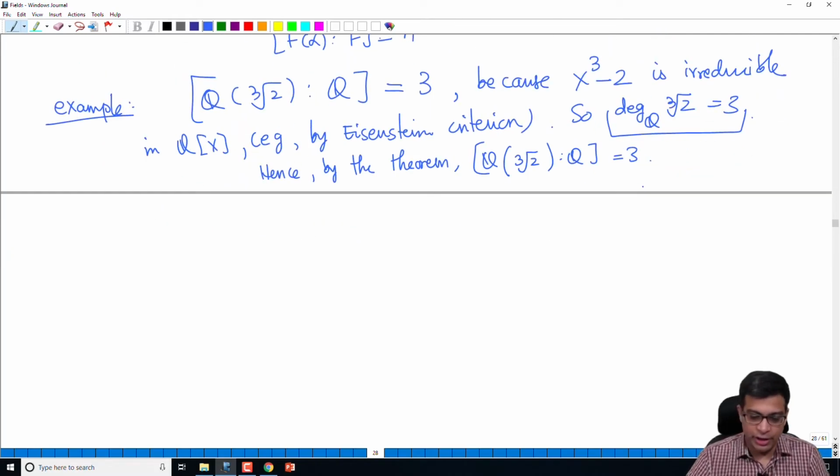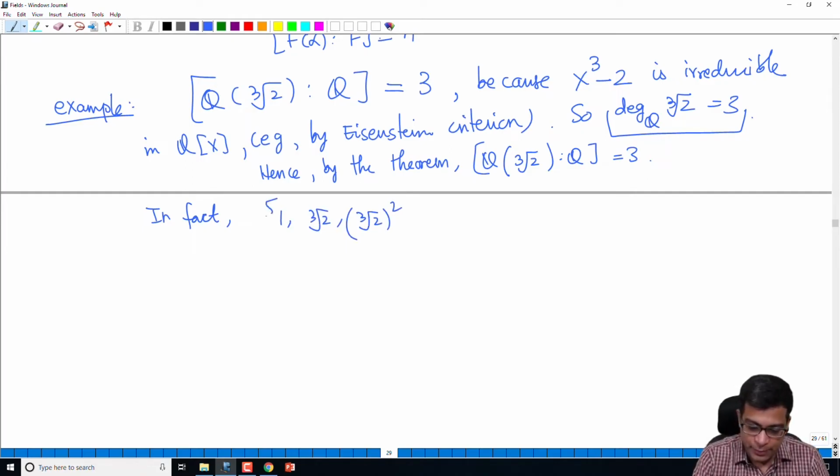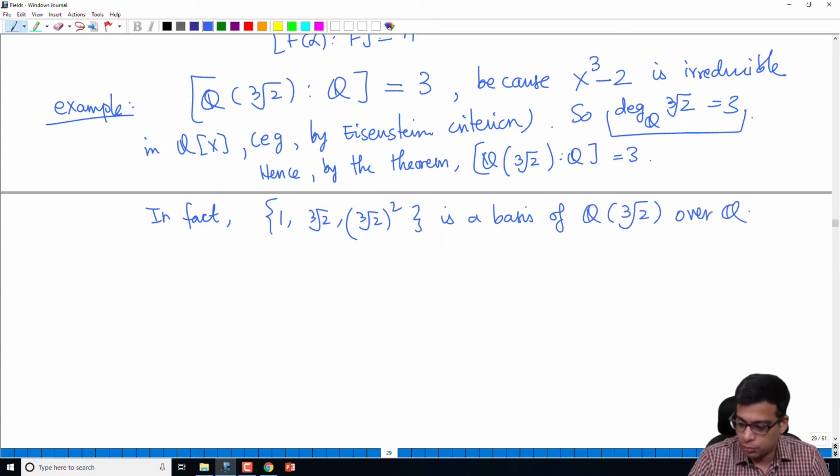We can also directly write a basis. In fact, from the proof of the theorem, 1, cube root of 2, whole squared is a basis of Q adjoin cube root of 2 over Q. So this says that if you adjoin cube root of 2 and consider the smallest field containing Q and cube root of 2, this is all happening inside complex numbers, let us say.